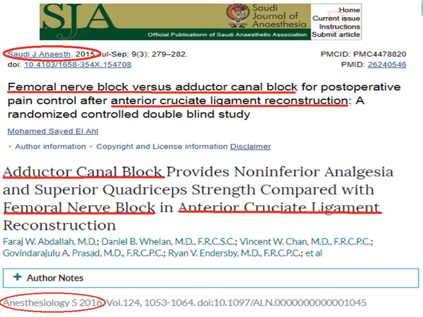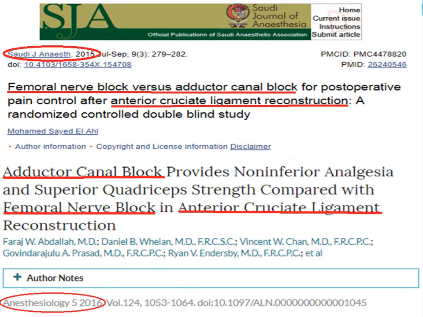And the second one is Faraj Abdullah, he's working in Toronto General Hospital, and he's from Lebanon. The first was published in the Saudi Journal of Anesthesia in 2015, and the second in Anesthesiology in 2016.